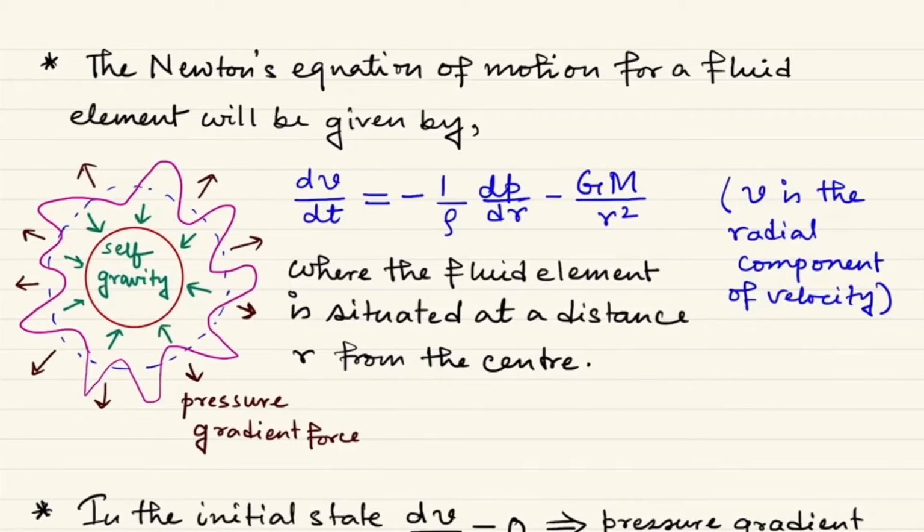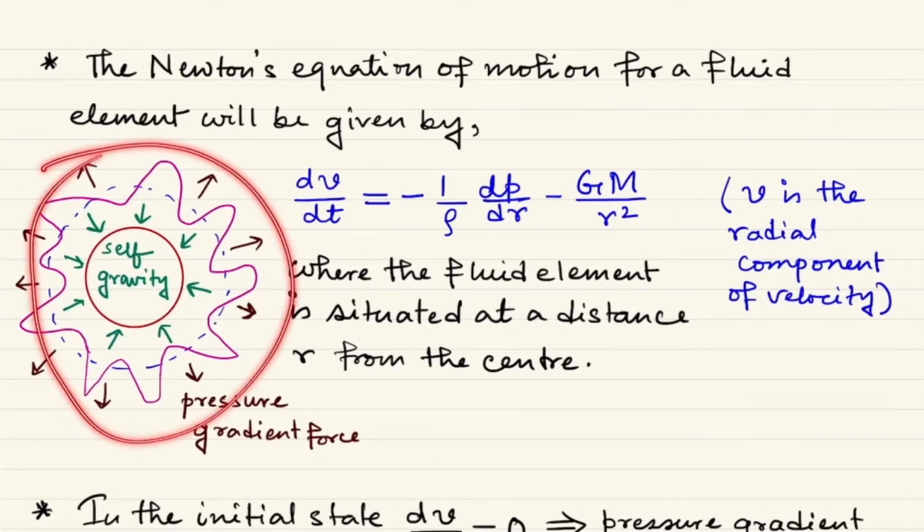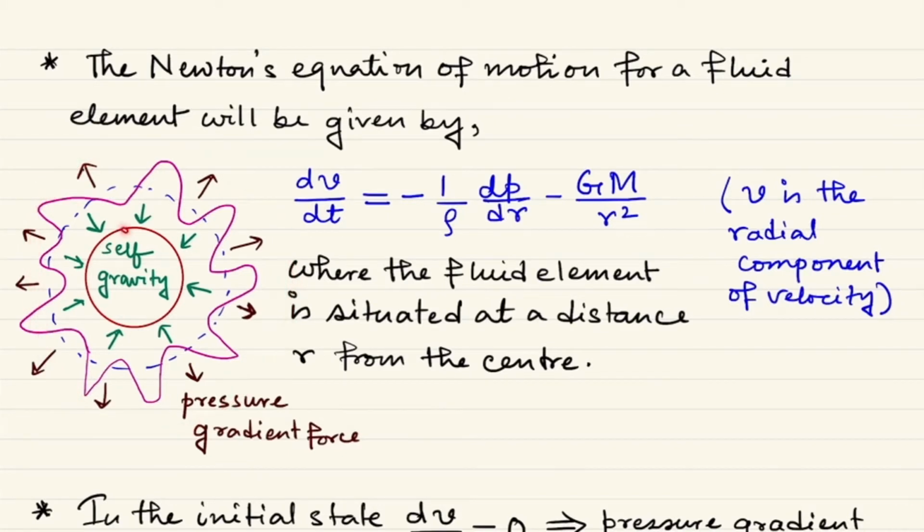So here you can finally see some picture. This is the picture of a star which is oscillating. Let's say this is the initial state at rest, and then after perturbation, these pink lines, this is the perturbed figure.